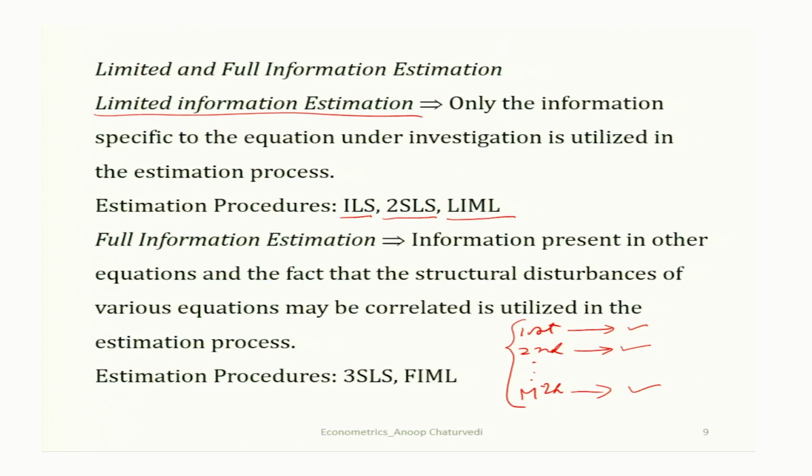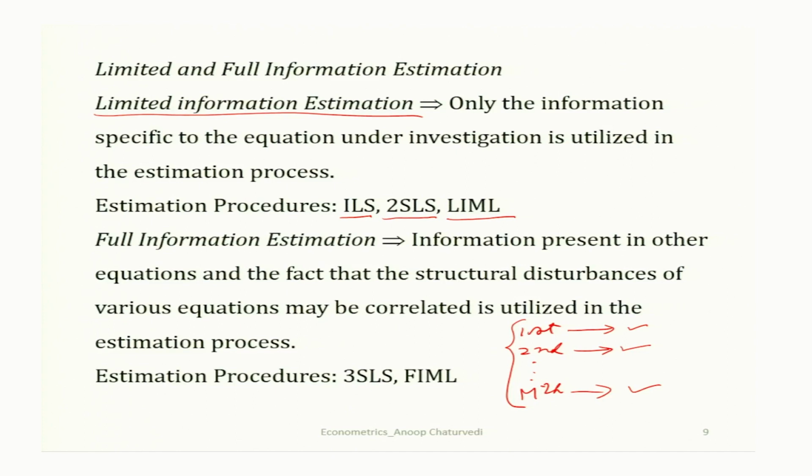It is just like what we do in the seemingly unrelated regression equations model. In seemingly unrelated regression models, you have two options. Either you apply the OLS procedure to each equation separately, and then the disturbances of different equations may be correlated with each other.